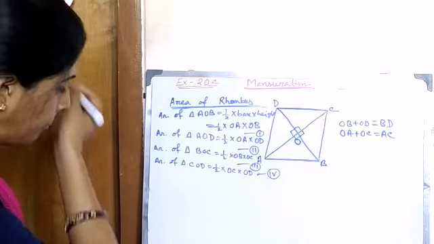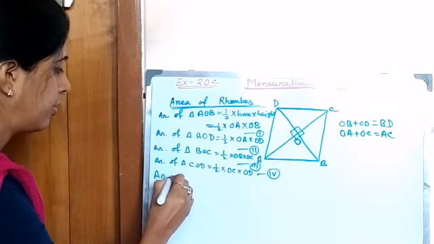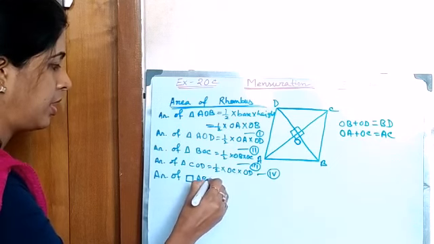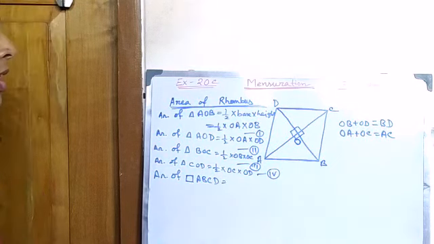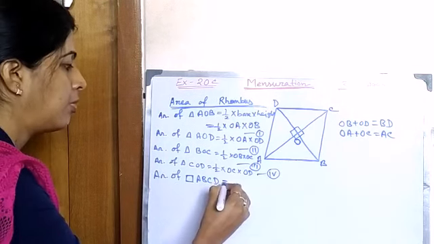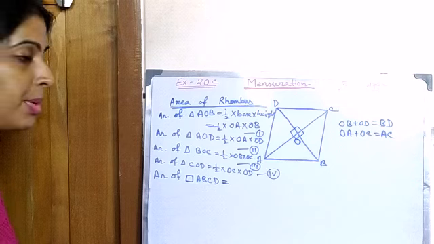So the area of rhombus ABCD, this is the explanation of how the formula comes.